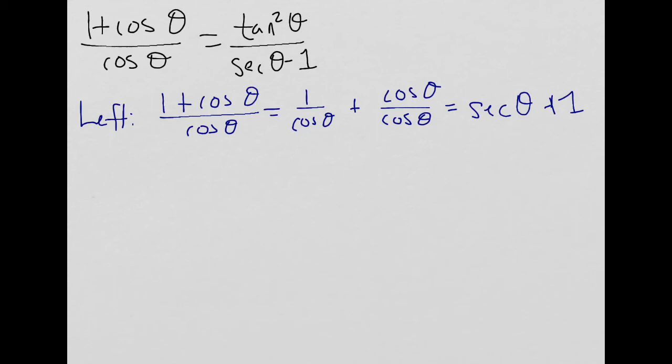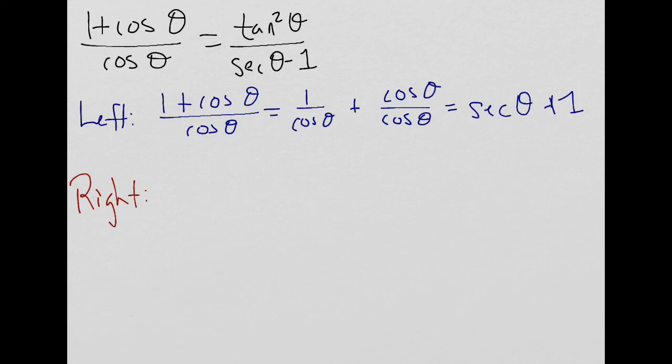So all I did there was I rewrote this in terms of the simplest trig functions I could. I didn't multiply or divide it by anything. I didn't really use much of an identity other than that 1 over cosine is equal to secant and that dividing something by itself is 1. So that's a nice way that I can simplify the left side. If I can simplify the right side to something similar, hopefully I can get these two to be equal.